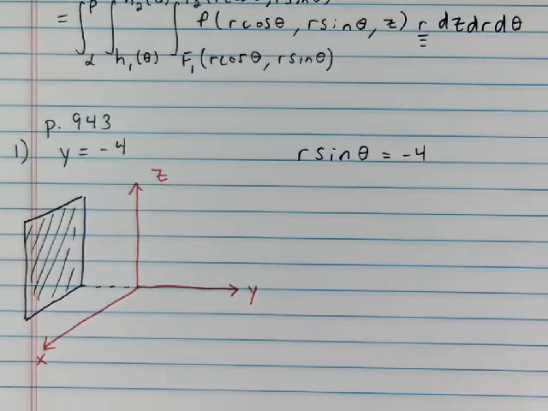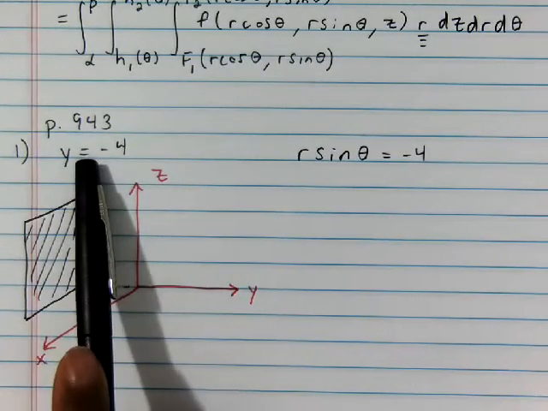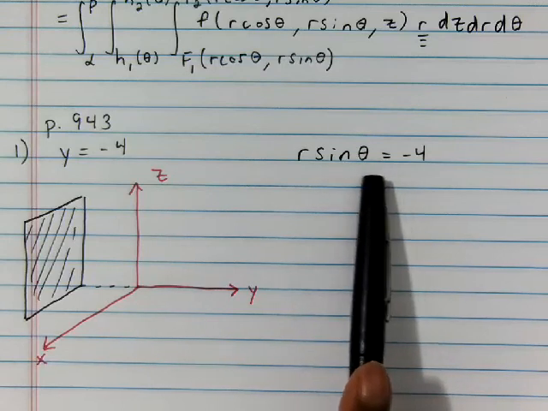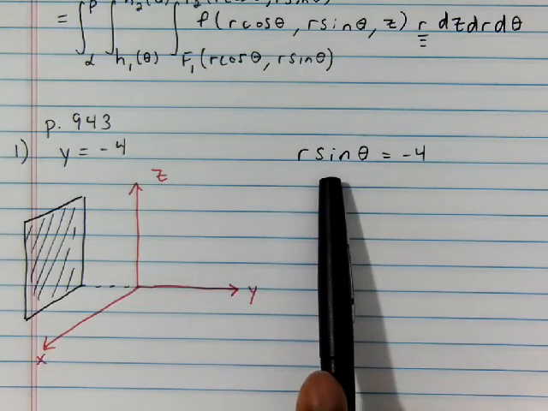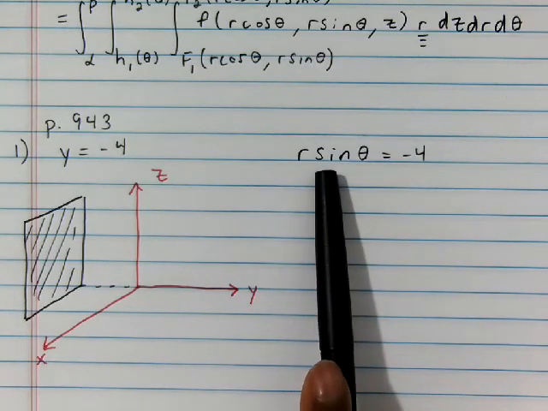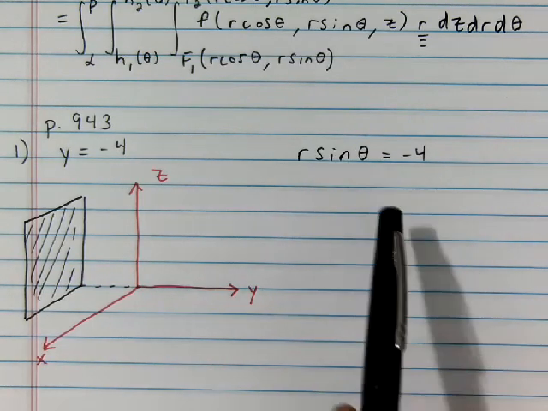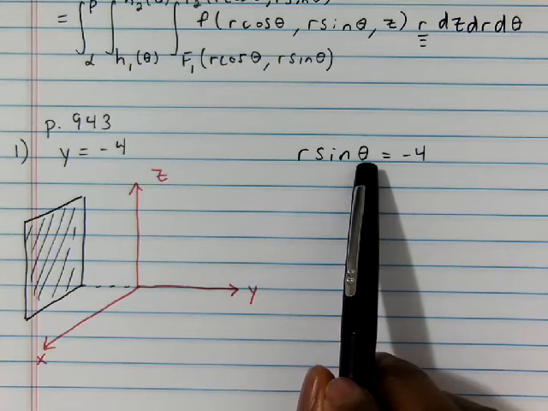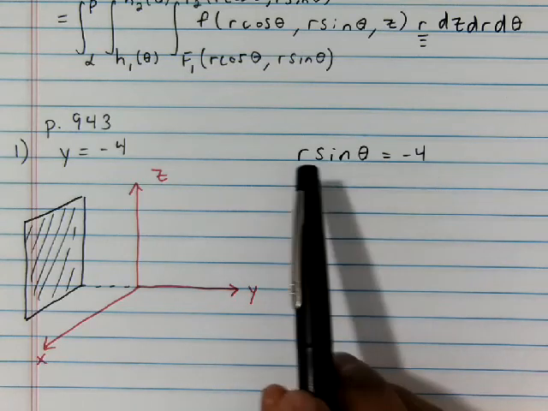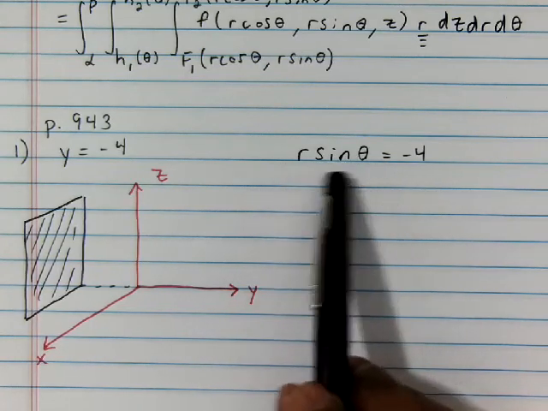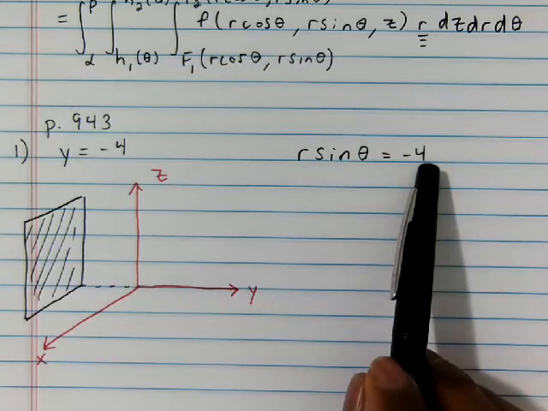And it's much easier to figure out the sketch from this than it is from that. Notice here, there's not a restriction put on theta, nor is there a restriction put on r individually, other than their product has to be equal to -4 at all times.